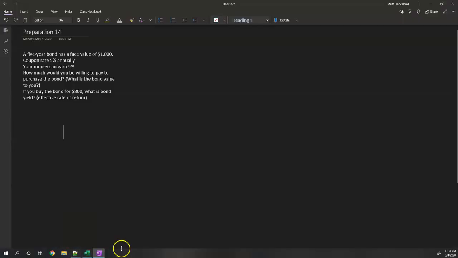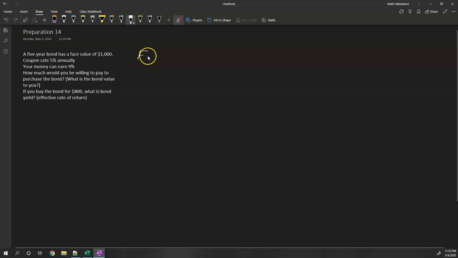Okay, so here's our problem up at the top. Let's get to solving it. This 5-year bond has a face value of $1,000. So the face value, which is a future payment, F, is 1,000. It's a positive number because that's what we're going to get back. That's going to be paid at 5 years. Coupon rate is 5% annually.